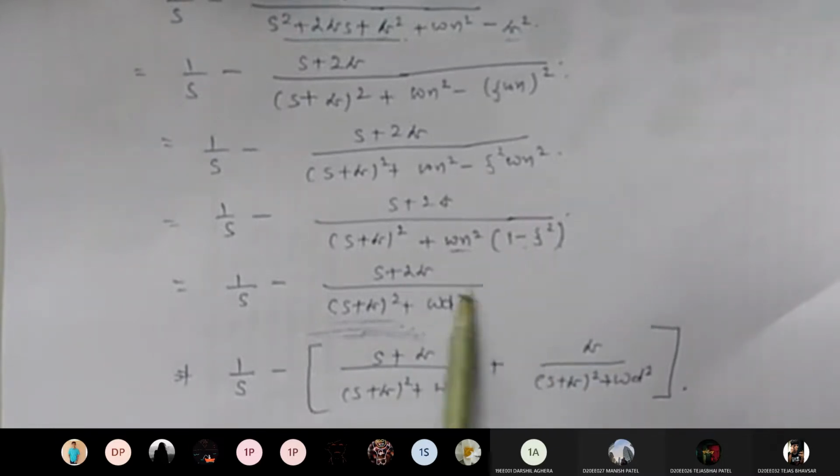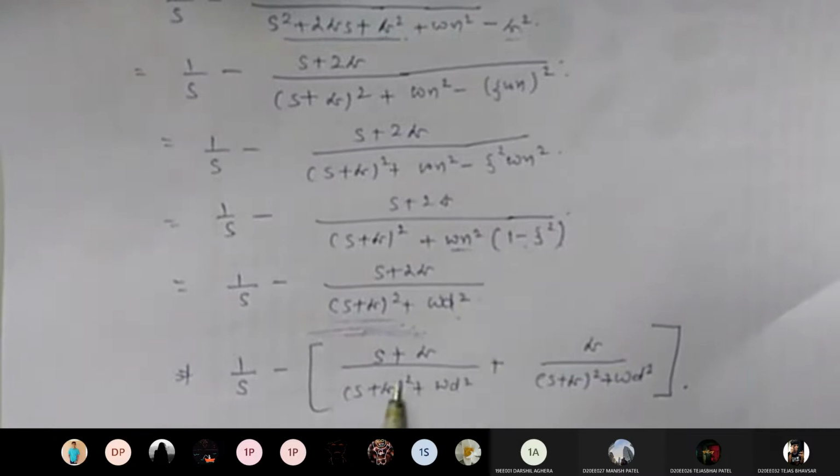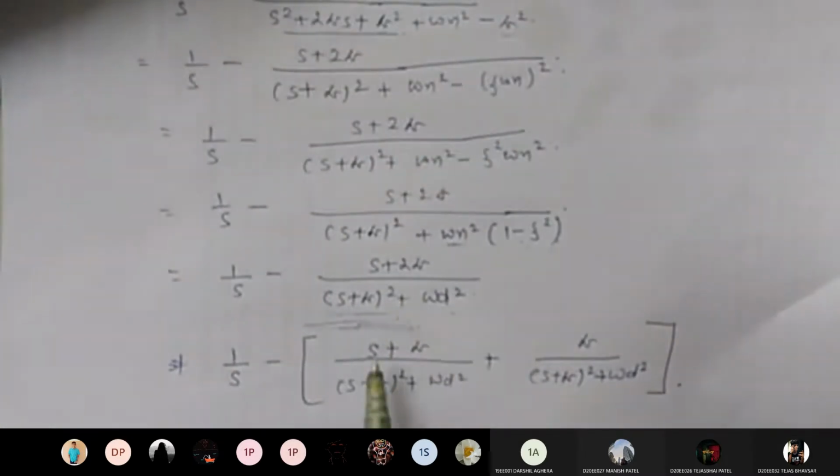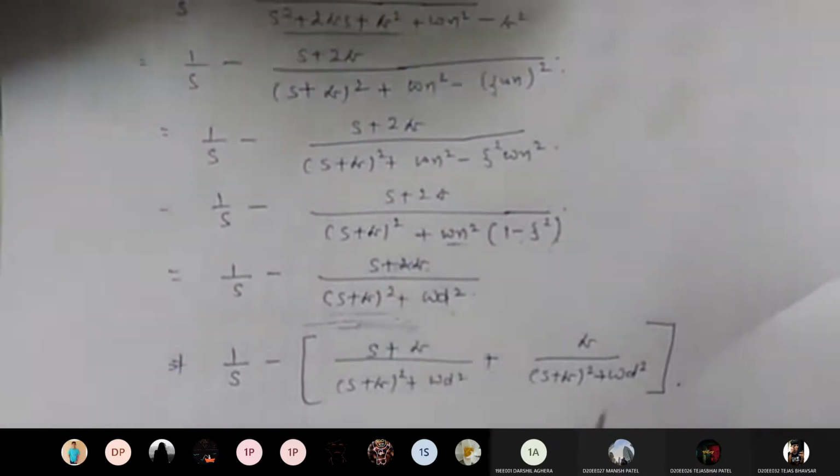Again, I can get the inverse Laplace of this if the formulation is like this. Perhaps here there is s plus alpha or omega d, then I can get the formula of e raised to minus alpha t, sin omega t and cos omega t.